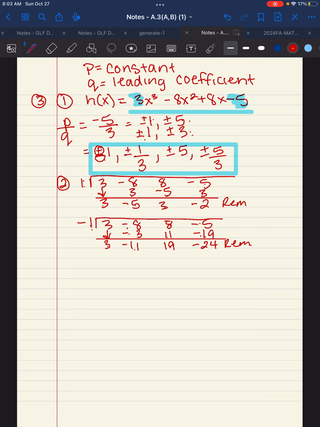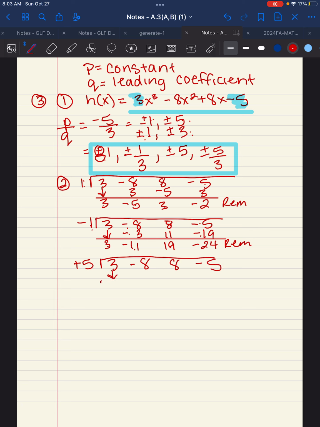All right. Let's skip plus or minus 1/3 for now, and let's try plus or minus 5. Starting with positive 5 first. Three, negative 8, 8, negative 5.